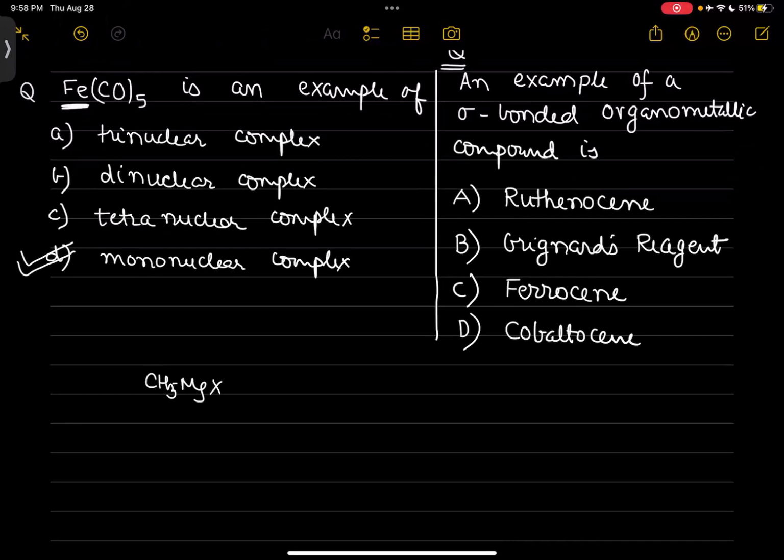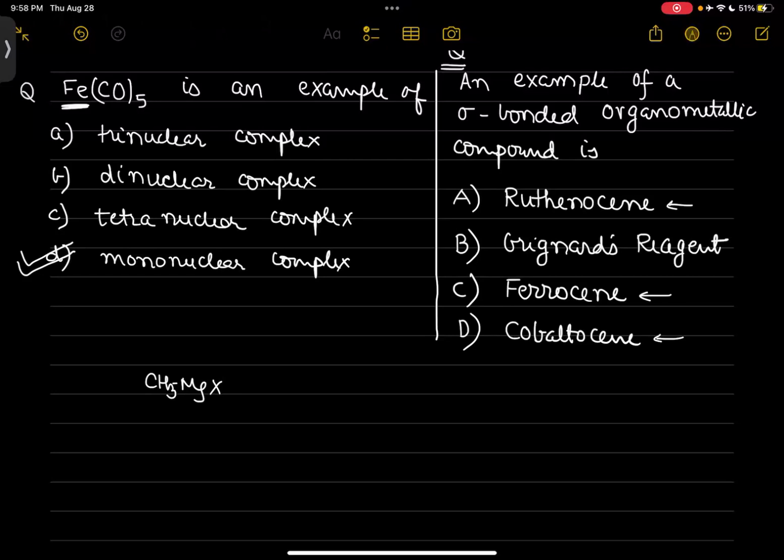Okay. But what about this ferrocene? Very important compound. Ferrocene. And if you can figure out the ferrocene, you can figure out the cobaltocene and rhodinocene also.